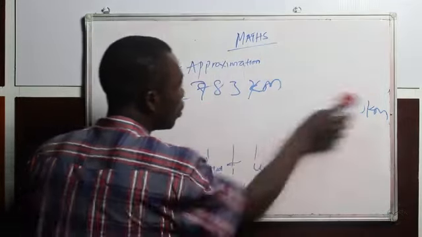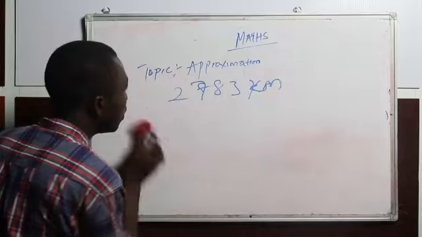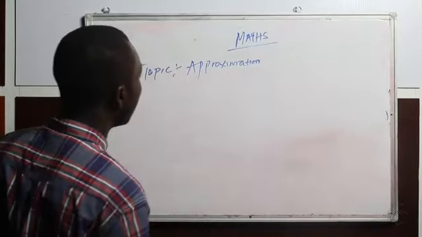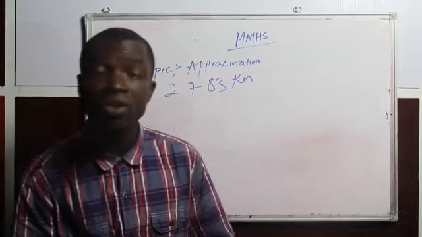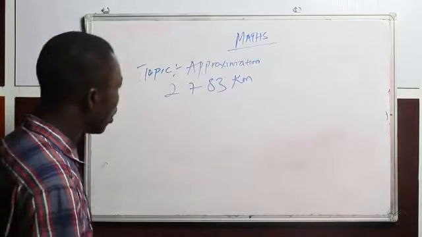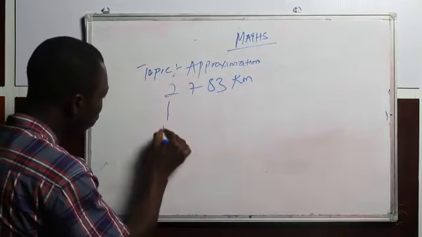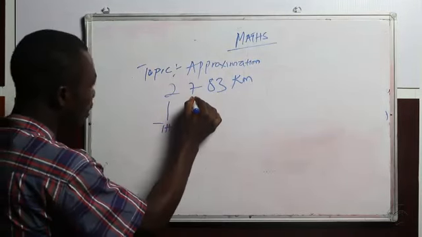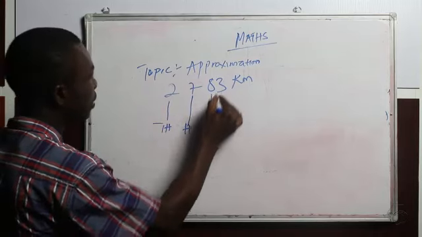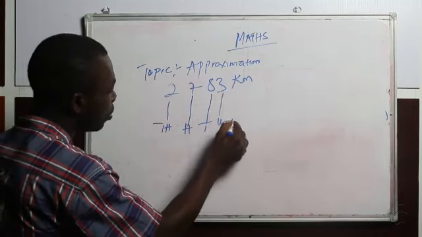Also, let's consider this value, 2783, to the nearest 100. Approximate 2783 kilometers to the nearest 100. Now, I told you the abacus gave us knowledge of what is thousands, hundreds, tens, units.